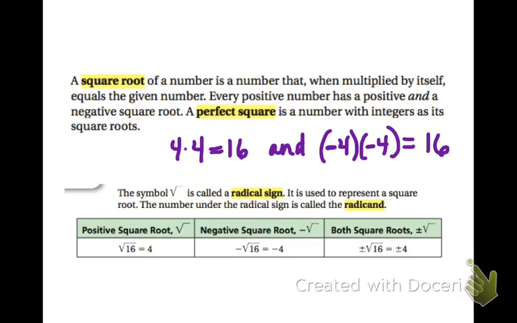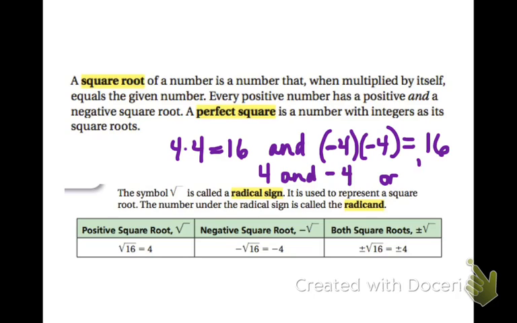So the 2 roots of 16, if I'm not talking specifically about the positive root or the negative root, if you're asked for the 2 roots of a number, you would literally say 4 and -4.